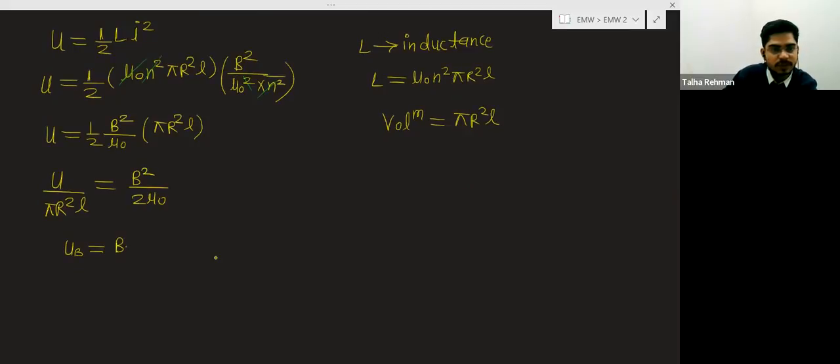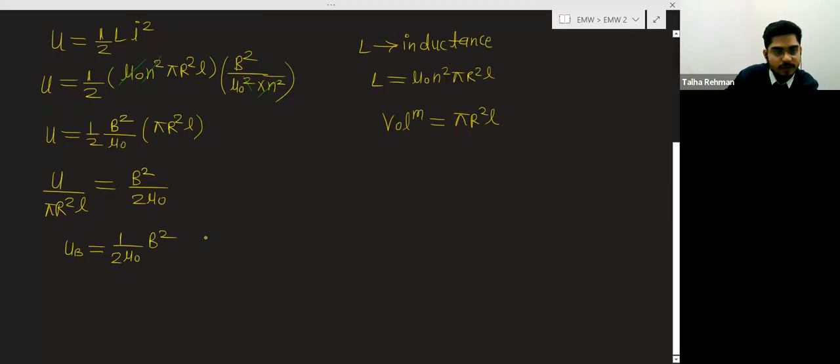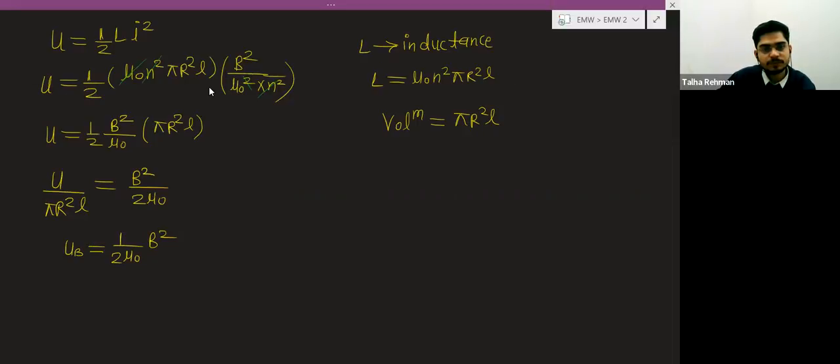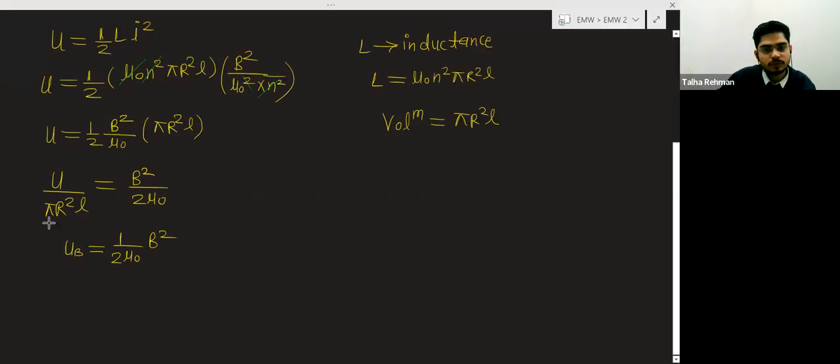You can write it as half of mu naught into B square. This is the energy density of the magnetic field.